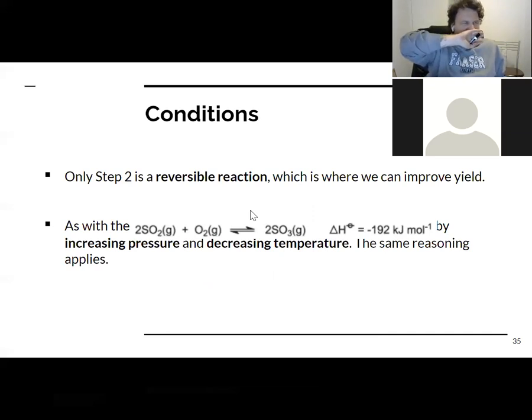So if we increase the pressure, there are fewer molecules on the right, so the equilibrium will begin creating more of this, because there are only 2 gas particles, whereas here there are 3. If we decrease the temperature, the same reasoning applies.